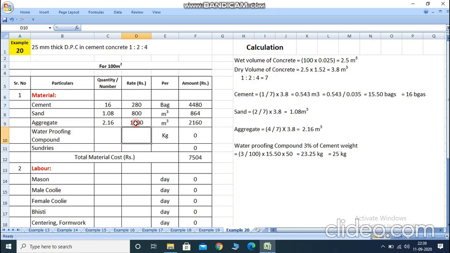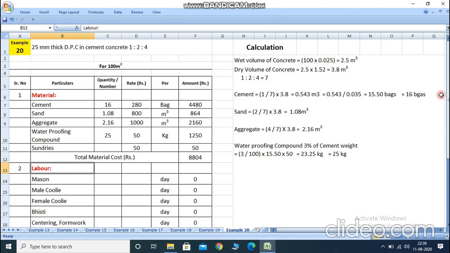Waterproofing compound is 25 kg, and the per kg rate is 50 rupees, and we take extra cost as 50 rupees. So the total amount is 4,480, 864, 2,160, 1,250 and 50, and the summation is equal to 8,804 rupees, which is the total material cost. Now we calculate the labor cost.